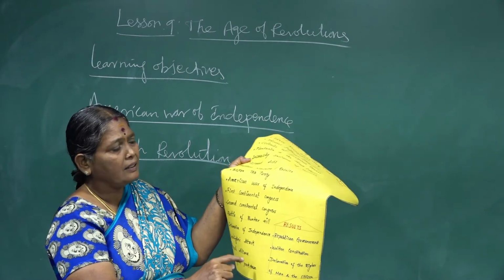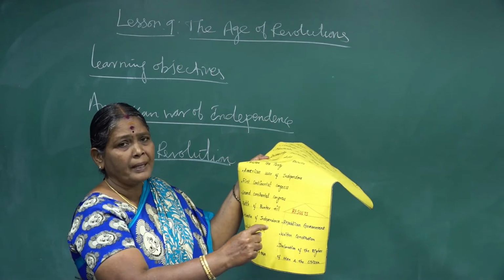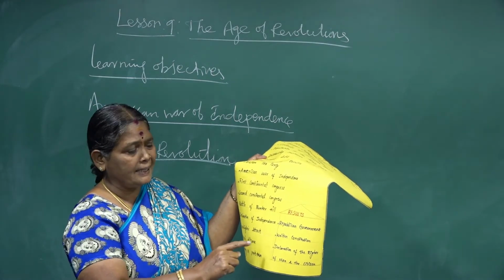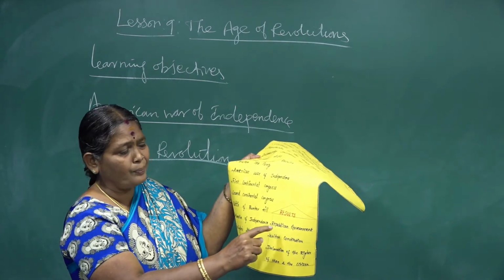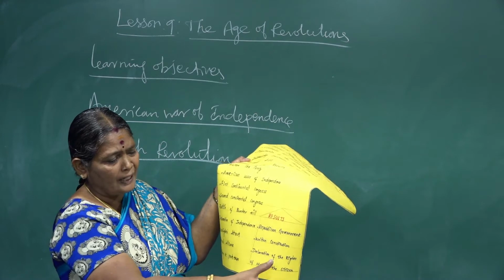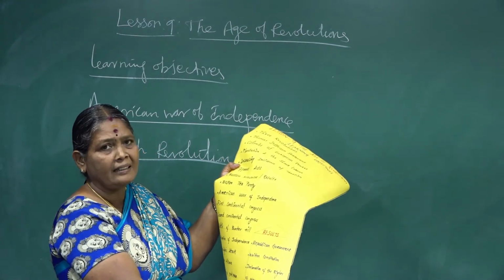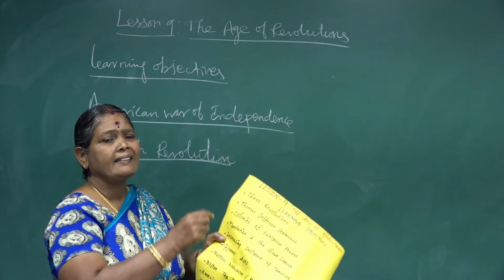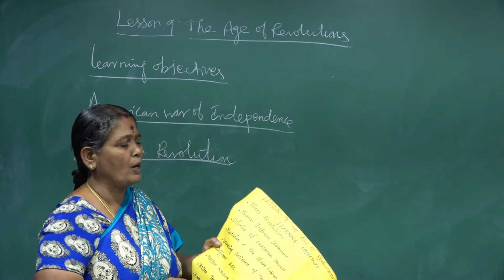Victory at Yorktown. Then the results: because of the French victory, changes were brought in France, that is, a Republican government, a written constitution, and the Declaration of the Rights of Man and Citizen. These are the objectives we are going to see one by one.